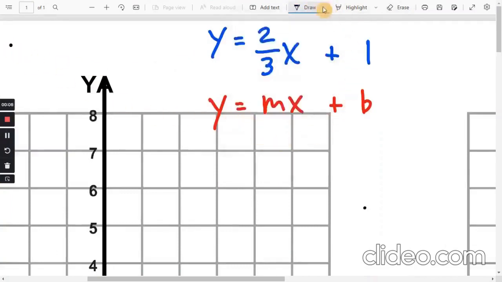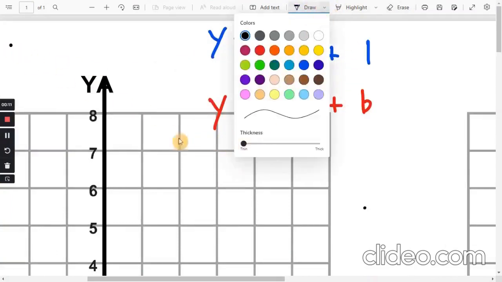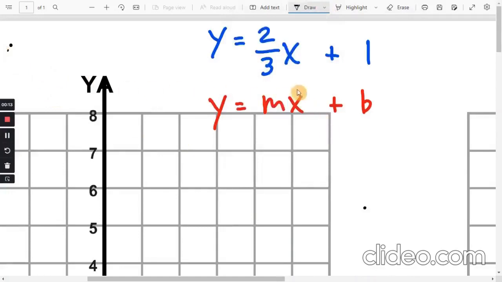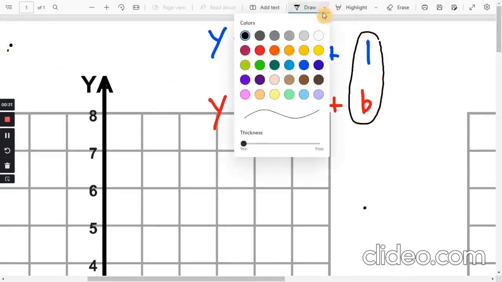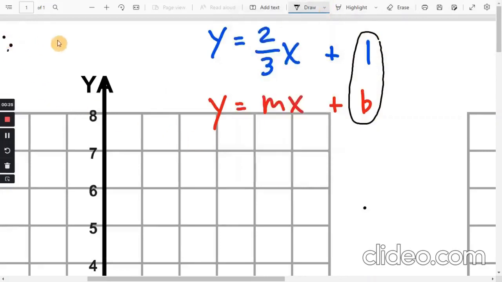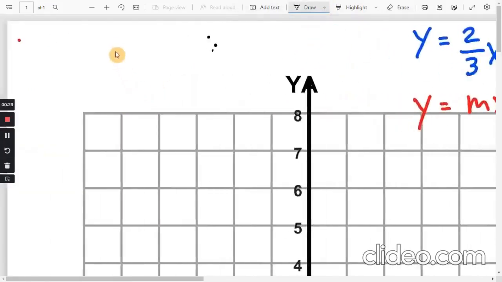And just from this equation here, I can tell that b is positive 1. Let's make a note of that. b equals positive 1.